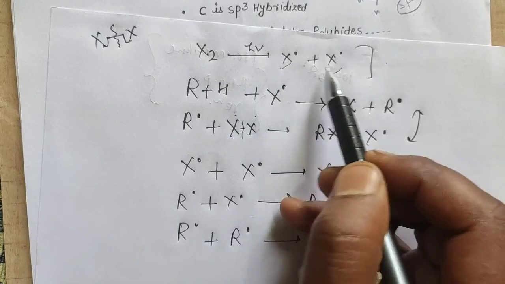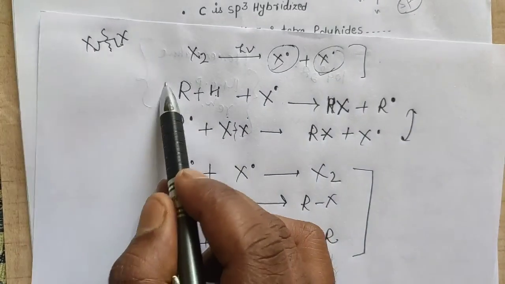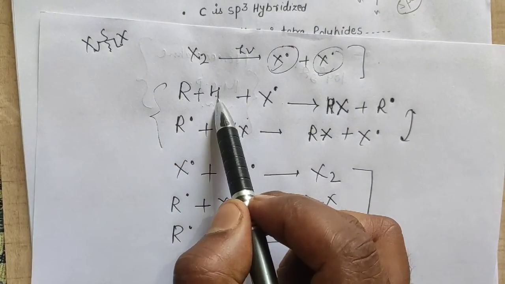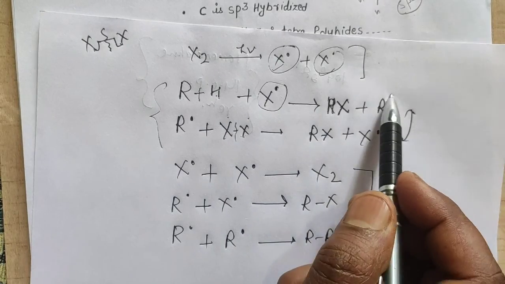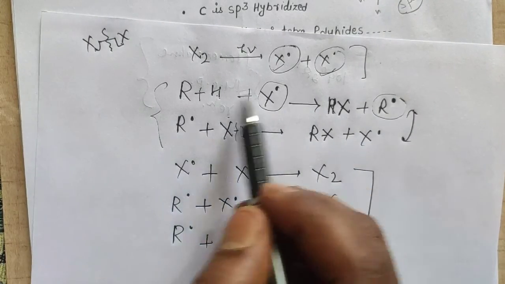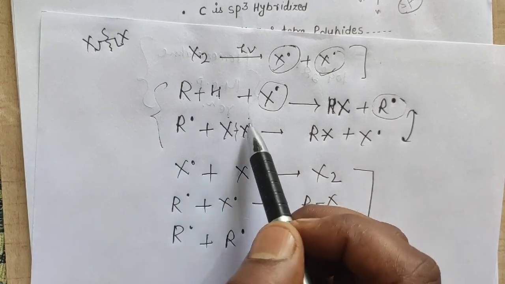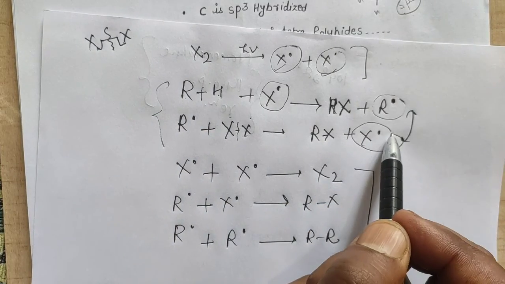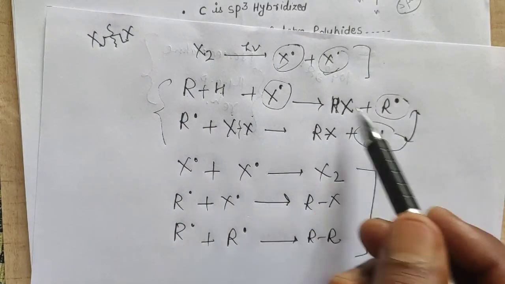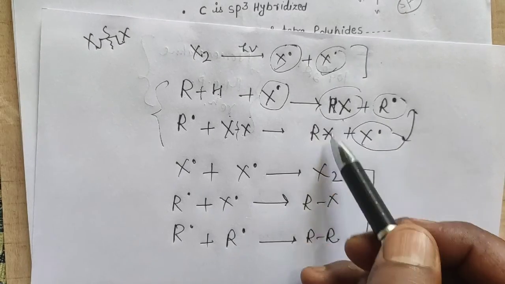So this is chain initiation: X2 will initiate and produce free radicals. Then propagation: RH alkane reacts with X to form R free radical, and this R free radical will again react with X2 and produce X free radical. The products are HX and RX.